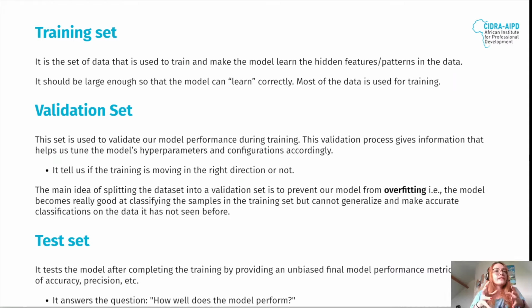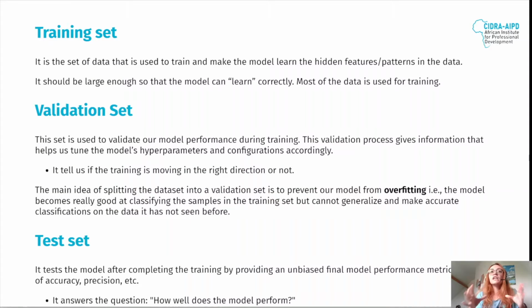Just to explain a little bit more what each of those sets does: the training set is the data that we are actually going to use to train the model and make the model learn the features and the patterns in the data. As I mentioned before, the training set is either 80 or 70% because it has to be large enough so the model can learn correctly.